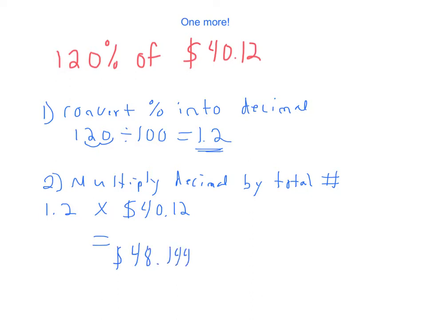Well, we know that's not going to work, so we know that it's going to get cut off right here. So $48.14, and does the 4 round up? No, it doesn't, so it becomes $48.14. Okay, that's it.